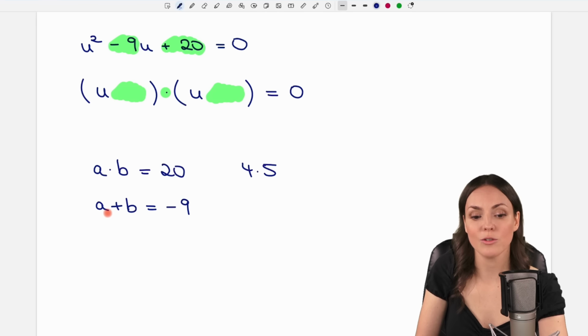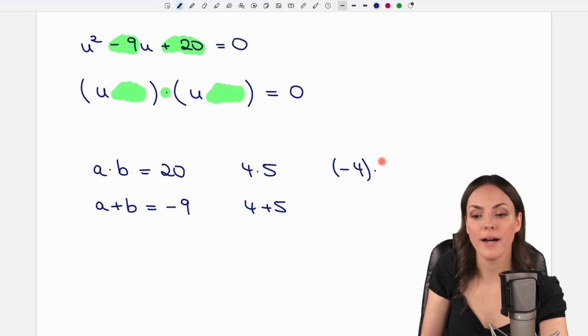And then I always check if the second condition is fulfilled as well. So if I add these two numbers, so if I do 4 plus 5, do I get negative 9 as a result? No, but I get 9 as a result, so almost. But I also know that my numbers need to be negative so that I get a negative result here. So it can't be 4 and 5, but if I multiply negative 4 by negative 5, I also get 20 as a result.